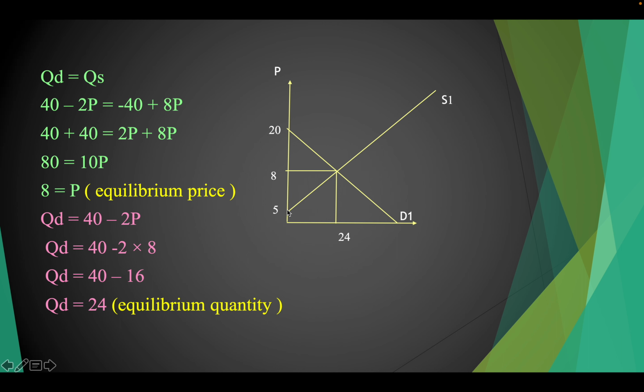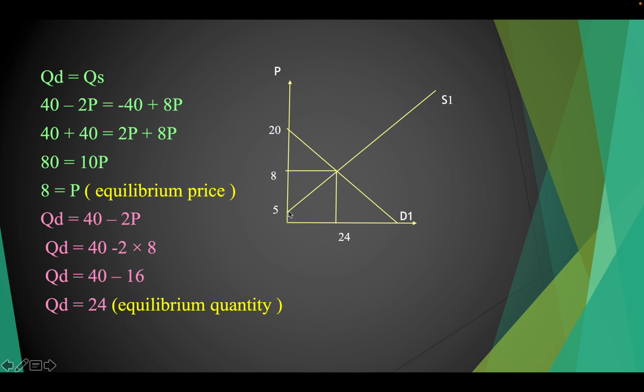And this is the minimum price the producer is willing to supply. We will see how to find these two amounts. So for the producer surplus and the minimum price the producer is willing to supply, you have to consider the supply curve and take the supply equation, because this is the supply curve.